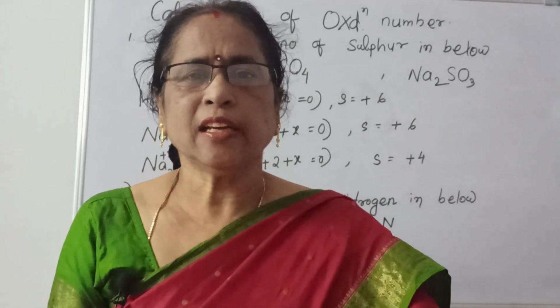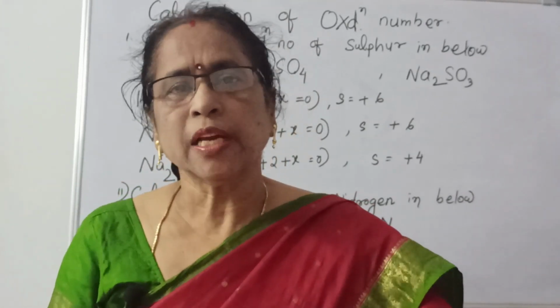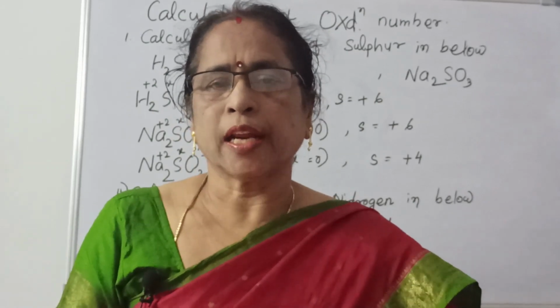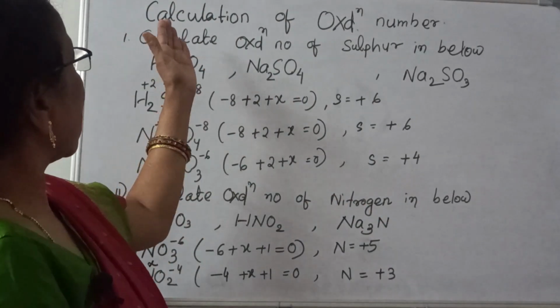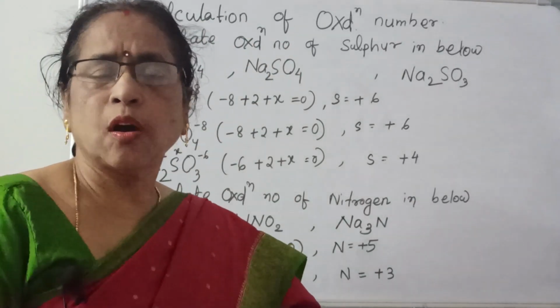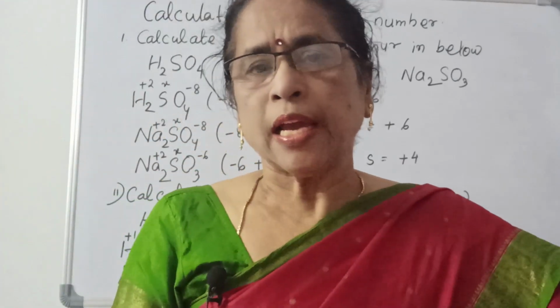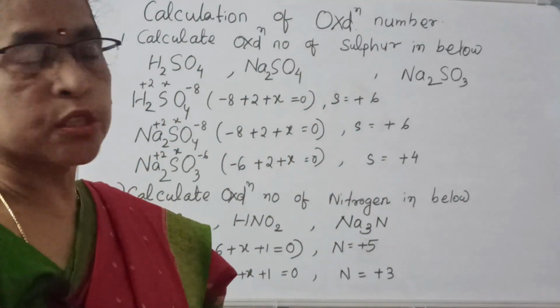Now we will see how to calculate the oxidation number of an atom in a compound or in a polyatomic ion. Calculation of oxidation number. First question: calculate the oxidation number of sulfur in the given compounds which contain sulfur.